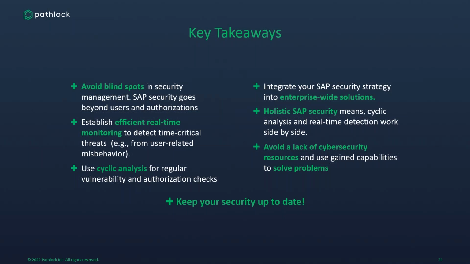That means if you are going to establish a team, you need a joint team where the knowledge of technical security, compliance guidelines, and user and authorization security is combined in one virtual team, and this team is working together. Combine your cyclic monitoring with real-time monitoring. That means don't expect, if you do that story once per year, that your system is properly configured.